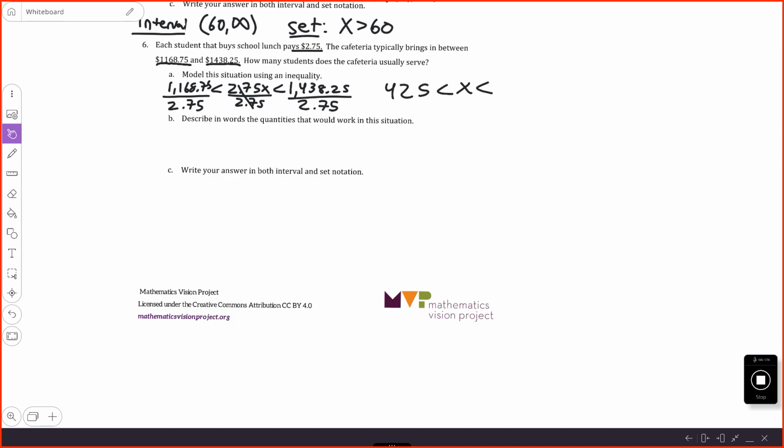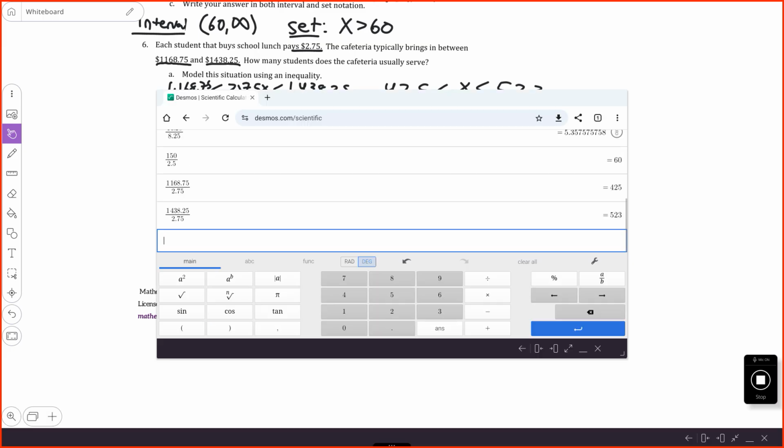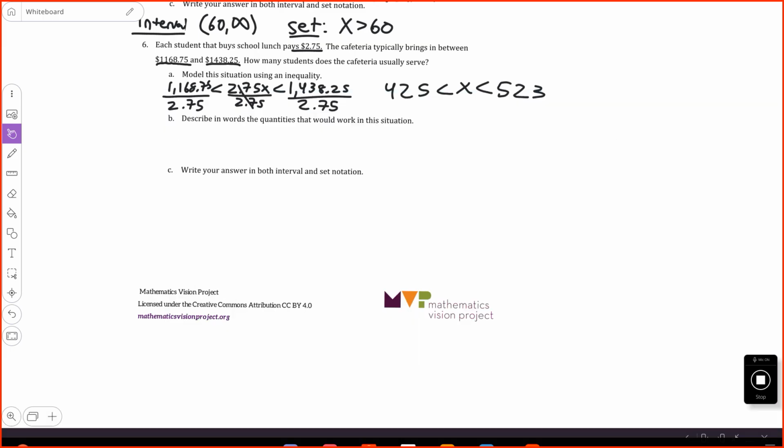Let me check that I have my inequalities right. Typically would be between, so I can include those numbers.